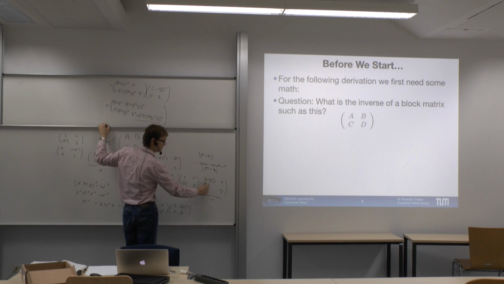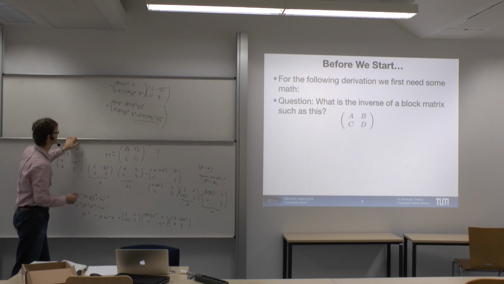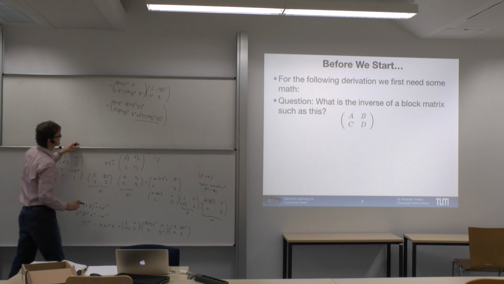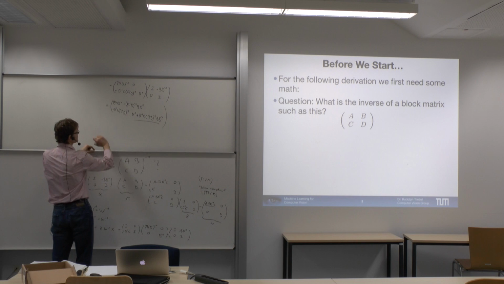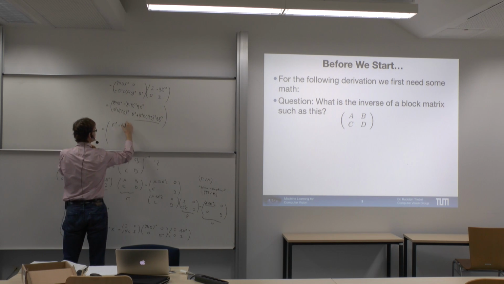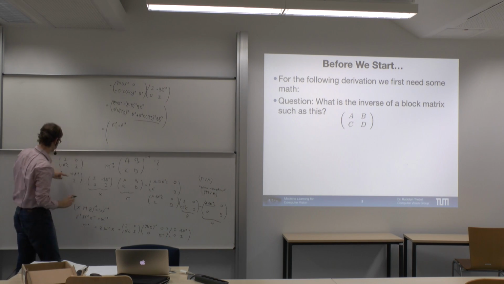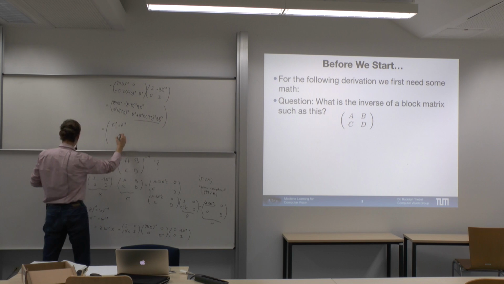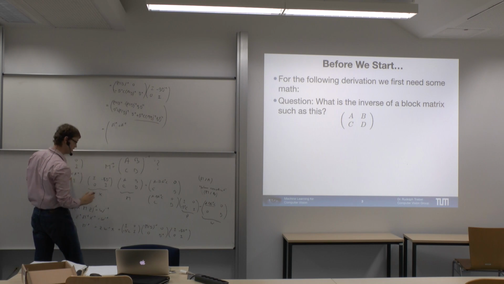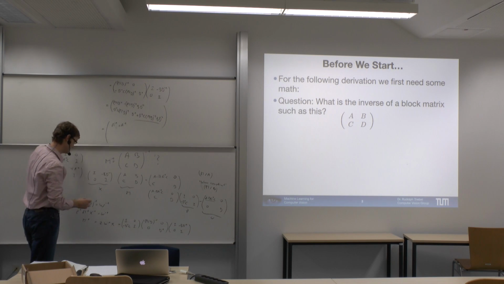So that would be A here, and this would be the Schur complement M given A. Which then means we would have the same expression here, just with A to the minus 1 plus A to the minus 1 B, sorry, this is C, give me a second.